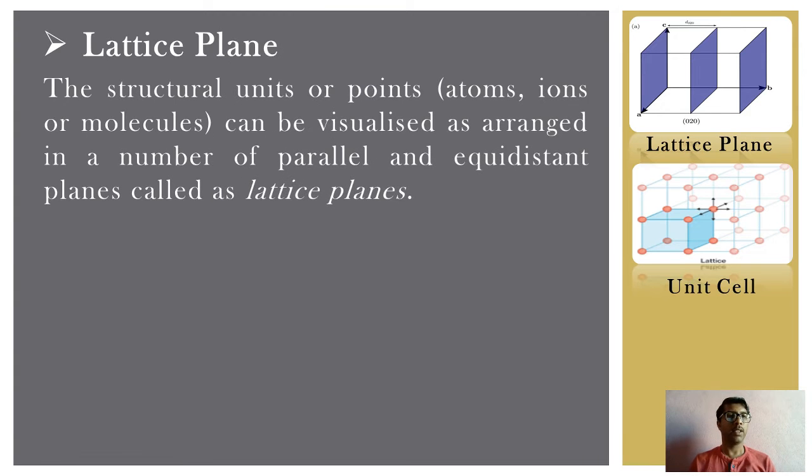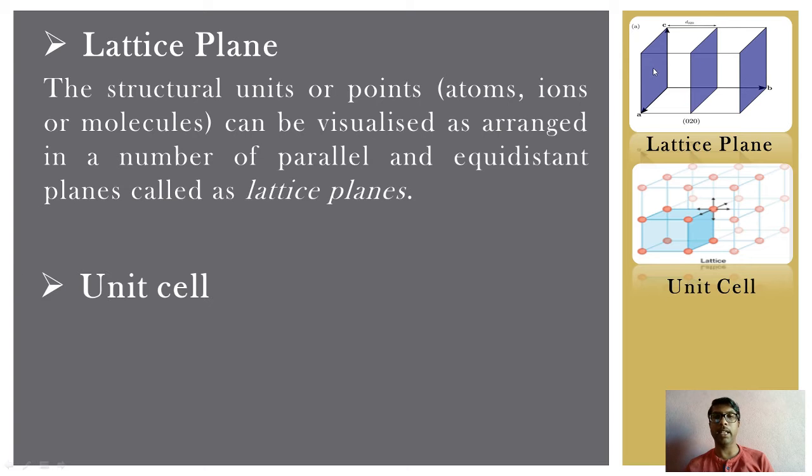Lattice plane. The structural units or points, that is atoms, ions or molecules, can be visualized as arranged in a number of parallel and equidistant planes called as a lattice plane. So in this first figure, these blue rectangles are situated at equal distance from each other.